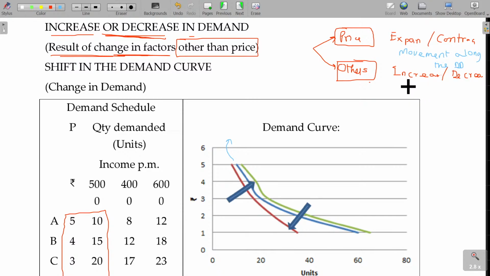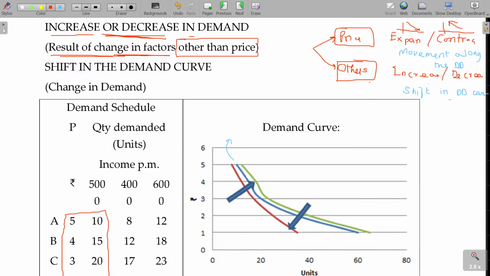And when it comes to increase or decrease, it will lead to a shift in the DD curve. Is that okay? You understand that? In case of expansion, the movement is from upside to downside. In case of contraction, the movement is from downside to upside.